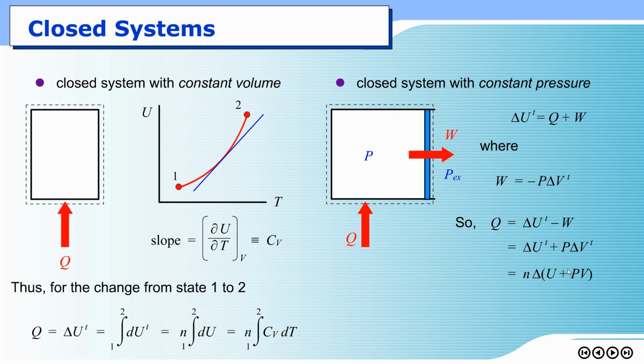And at the same time, replace these extensive properties with intensive properties, molar internal energy and molar volume, by changing U total to be nU and V total to be nV, and take the n out of the delta because n is constant within a closed system.